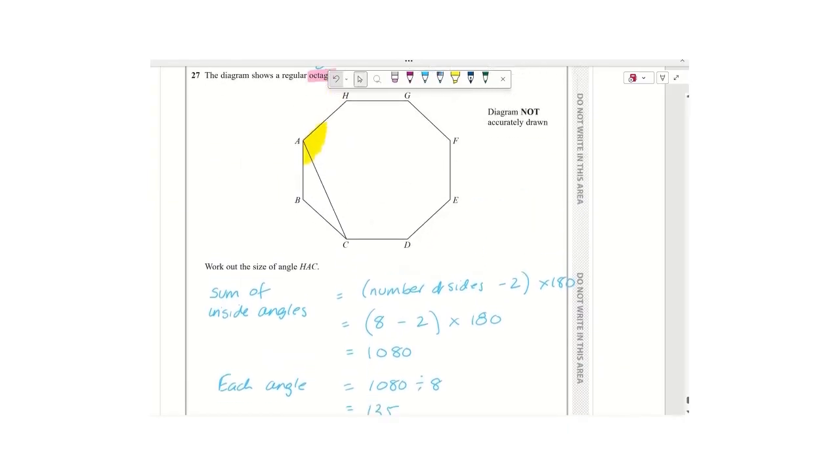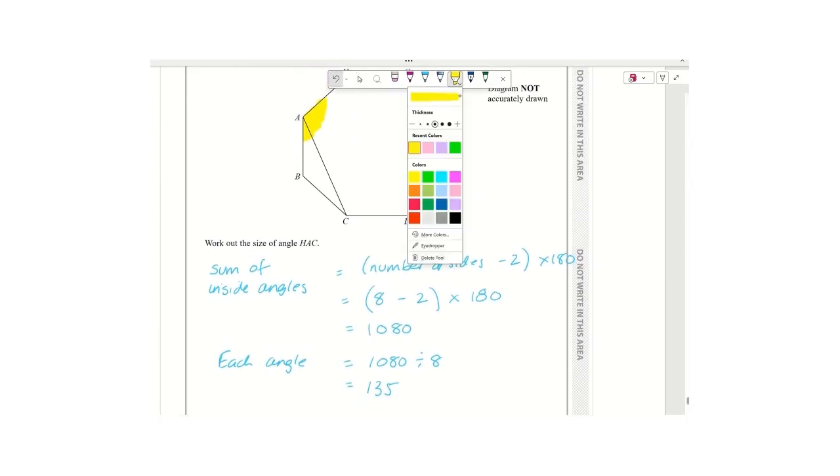So that yellow angle is 135 degrees, but as is this pink angle here, as is this pink angle over here, and all of the others. Yeah, they're all 135.